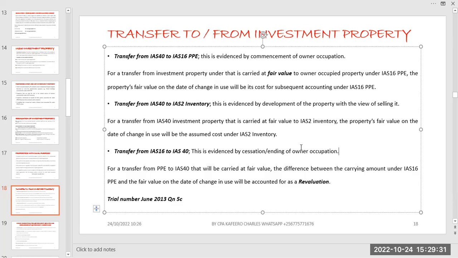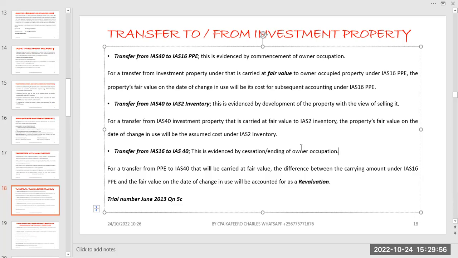Remember, these other reversals, if the asset is coming from inventory to IS40, you reverse the concept, because the standard is silent about that. But there are some transfers which have some issues. That's why they are given out.